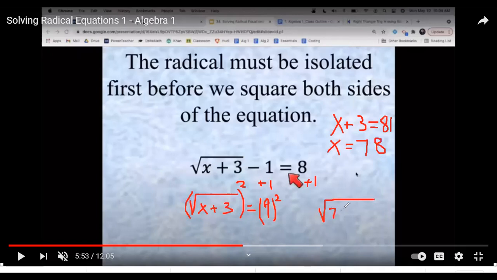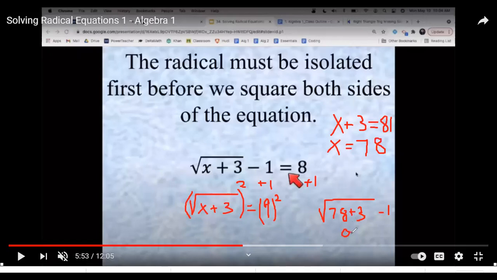So it will be the square root of 78 plus 3, minus 1. 78 plus 3 is 81, and the square root of 81 is 9.